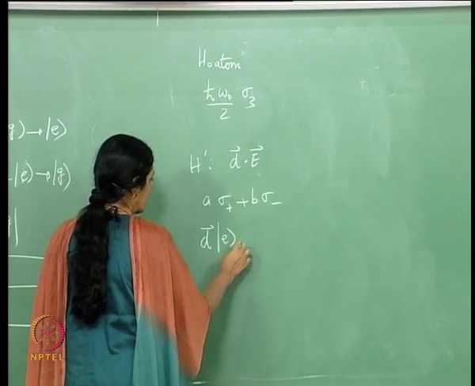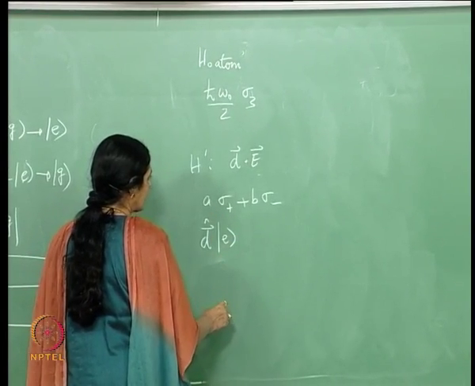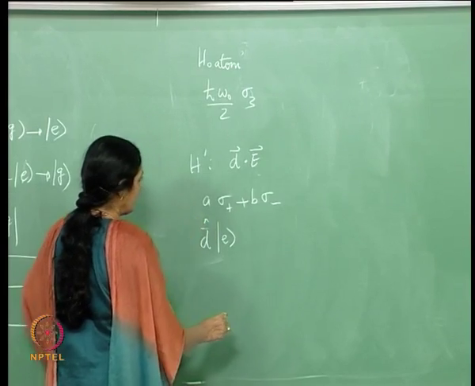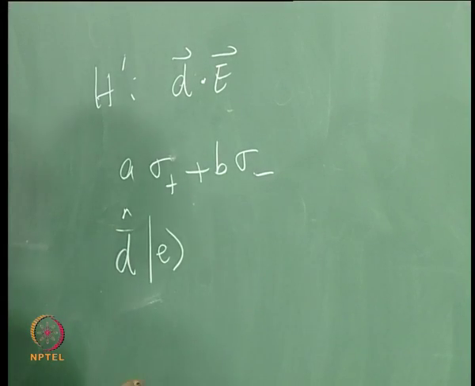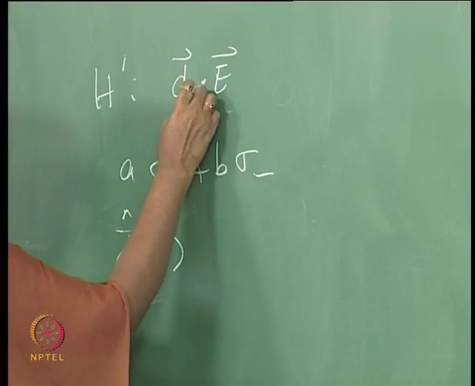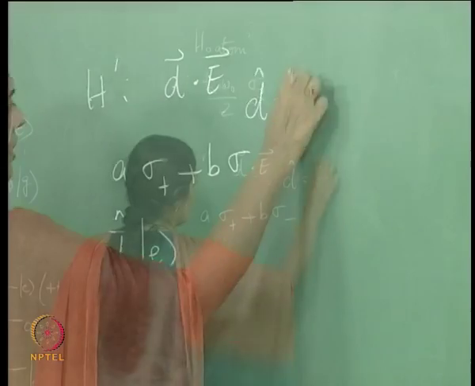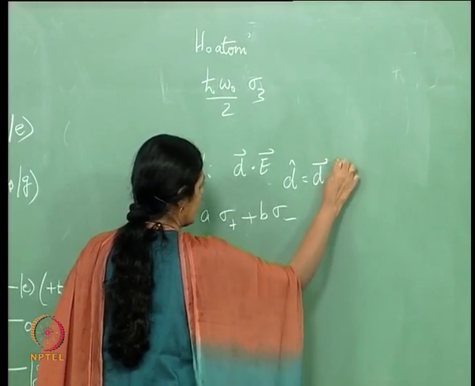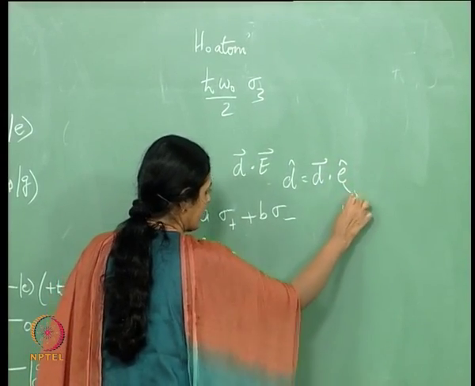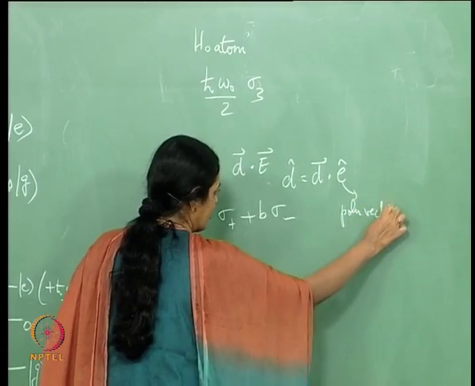D acting on the state E, let us forget the vector sign, by this D I mean D dot E, the polarization vector, and therefore I have made a scalar of it.